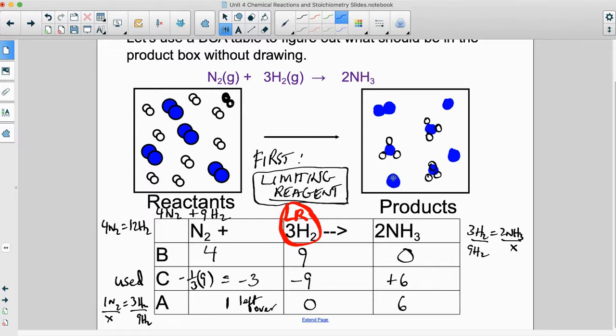Forgot half of them. Okay, so there we go. Now we have a particle diagram here, and we have our leftovers and our products. And here's our particle model, and here's our BCA table.